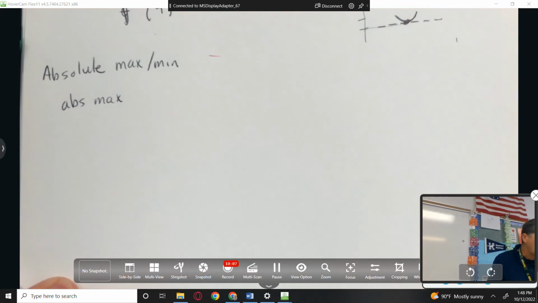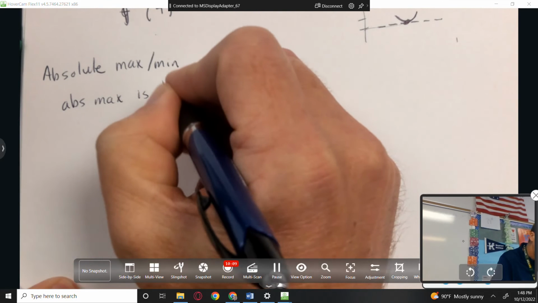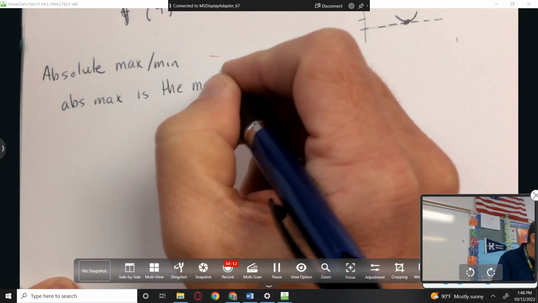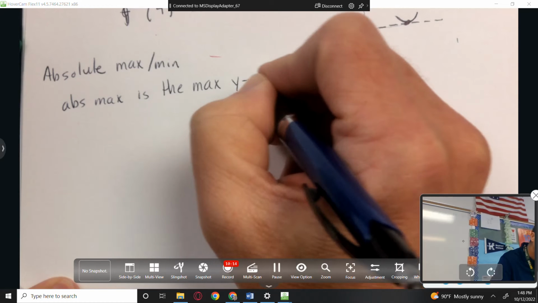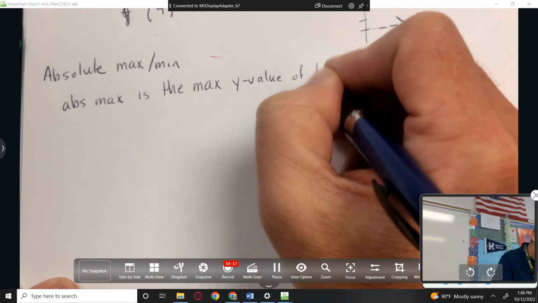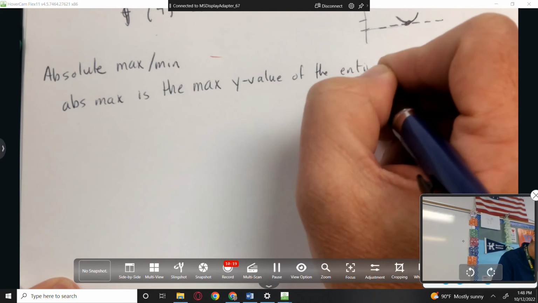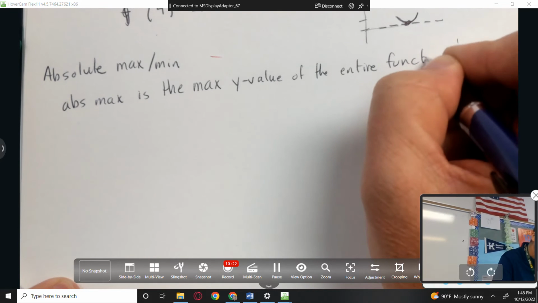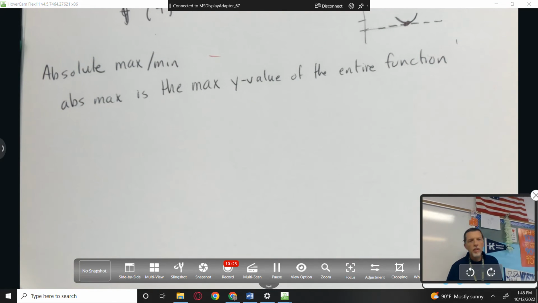The absolute max is the maximum y value of the entire function. Yeah. Max y value of the entire function. So I'm not concerned about the top of a hill, the bottom of a valley. I just want the peak. Not all the peaks that are relative maximums, but just what's the highest peak in the whole graph? That's the absolute max.